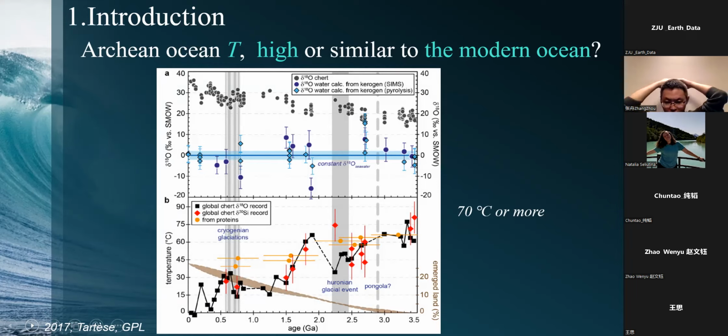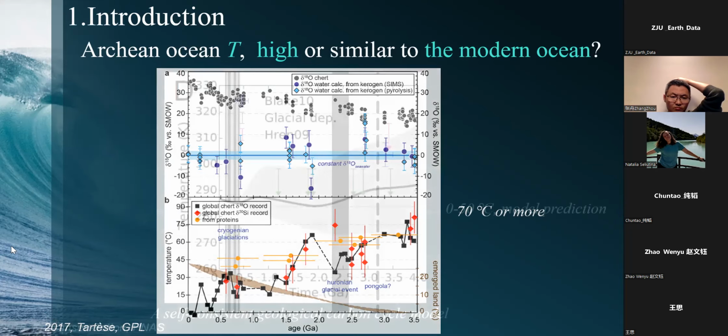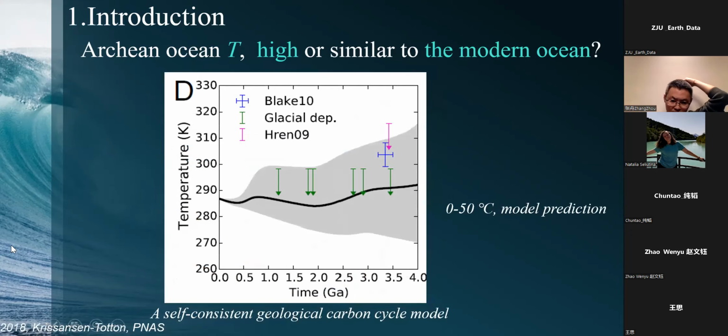And in another research, please move. We can see this is a self-consistent geological carbon model, and it proposed that the ocean temperature in the Archean may be similar to the modern ocean, maybe 0 to 50 degrees. But anyway, we can see that there are pretty big conflicts about this ocean temperature in deep time.